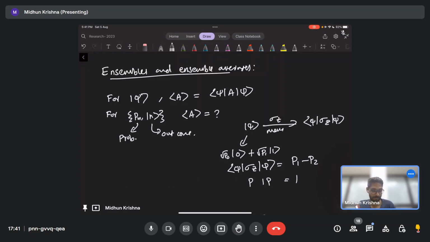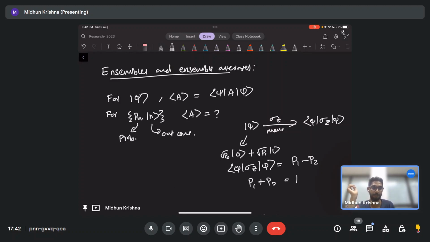So if I know the expectation of sigma z and the fact that total probability has to be 1, given this expectation I can find what these probabilities are, the probability of going up and down. So when I do the measurement, my outcome is actually expectation values of operators.